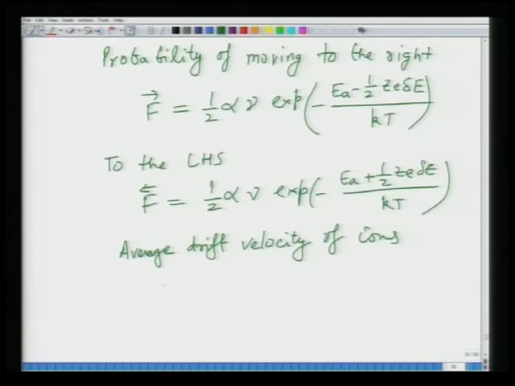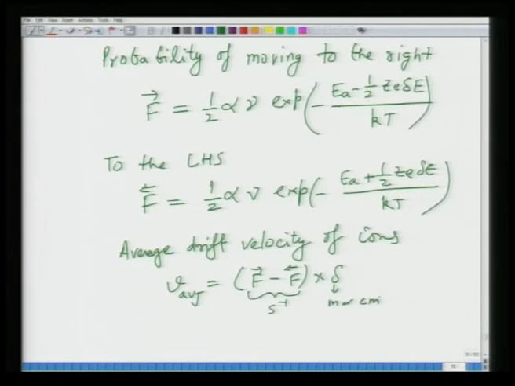So, this is given as V average. What would this be? F right minus F left, this is in per second, multiplied by the distance delta. Distance is the delta which they are covering, which is in meter or centimeter depending upon.